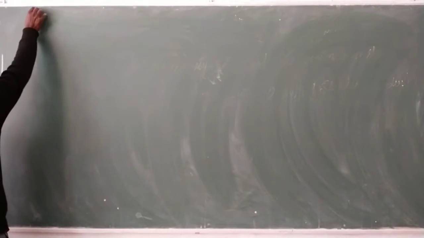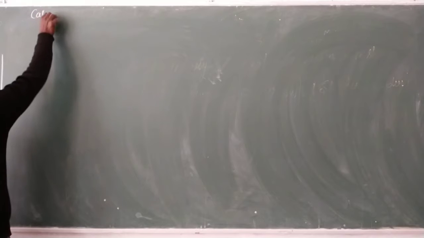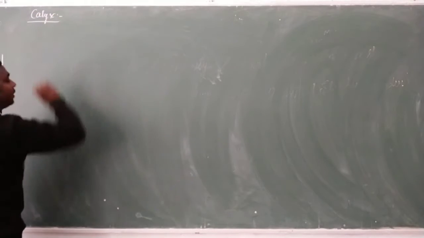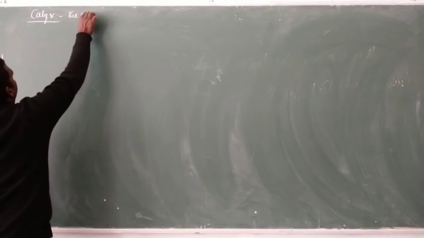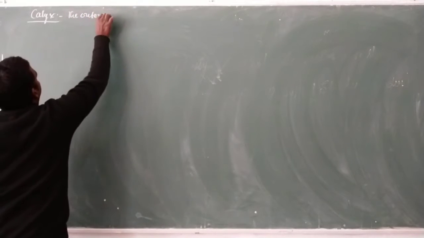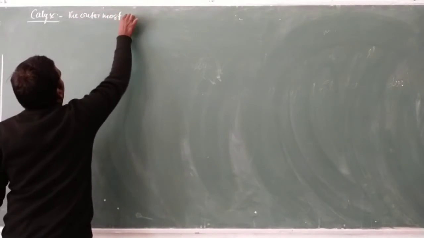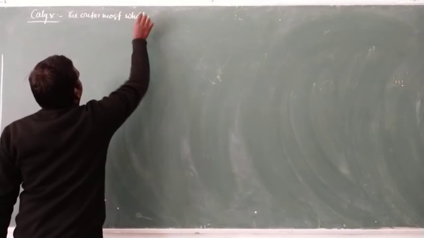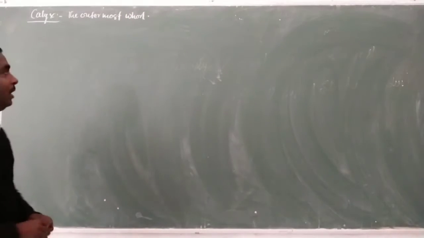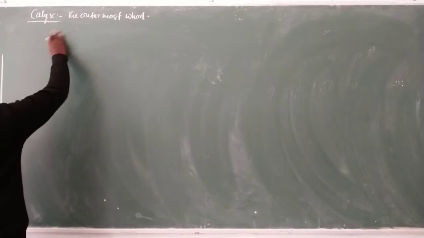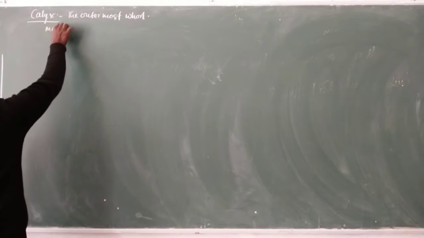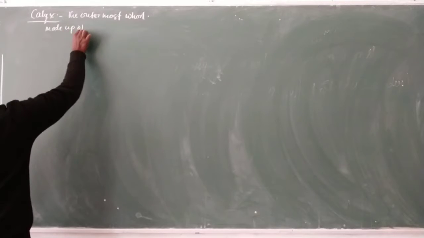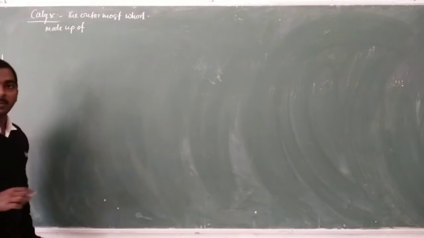The outermost whorl of the flower is called the calyx. Calyx is the outermost whorl of a complete flower. Now this calyx is made up of individual members.